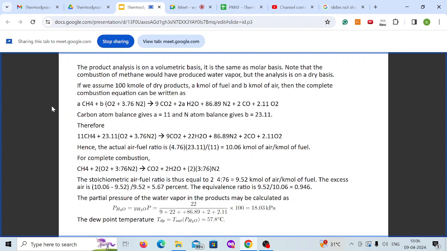So if you do a carbon balance, all the carbon atoms in the reactants will be equal to what is there in the products.